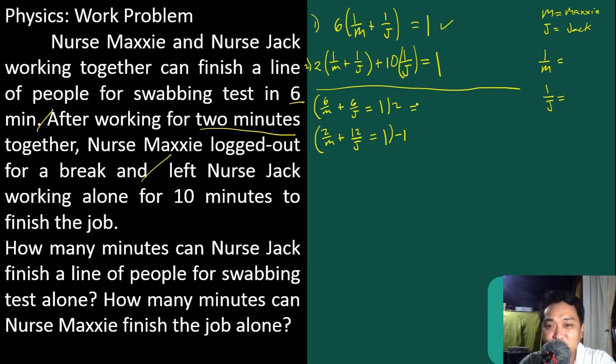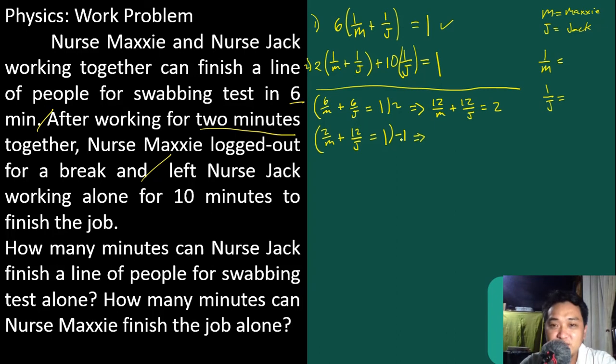Sige. So, let us proceed. This converts to 6 over M times 2 is 12 over M plus 2 times 6 over J is 12 over J. That is equivalent to 1 times 2 is 2. Or how about here?